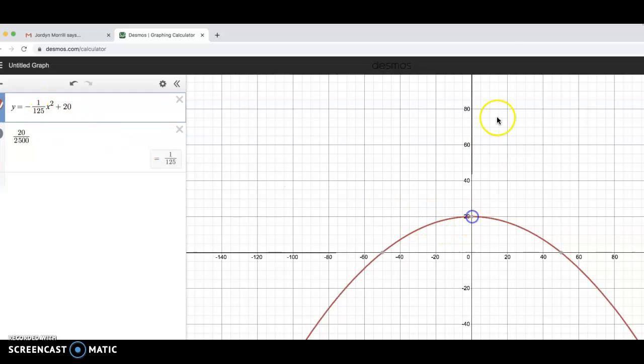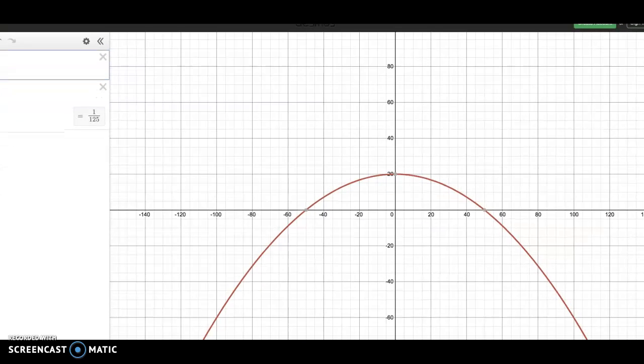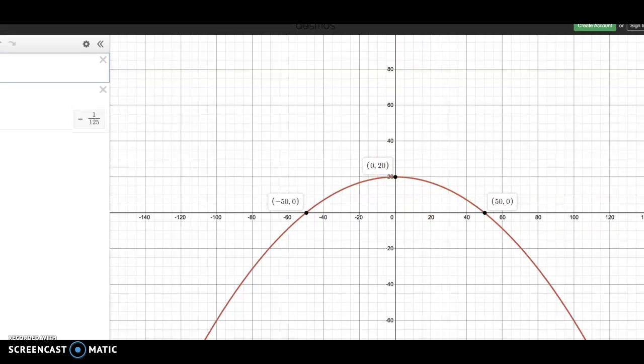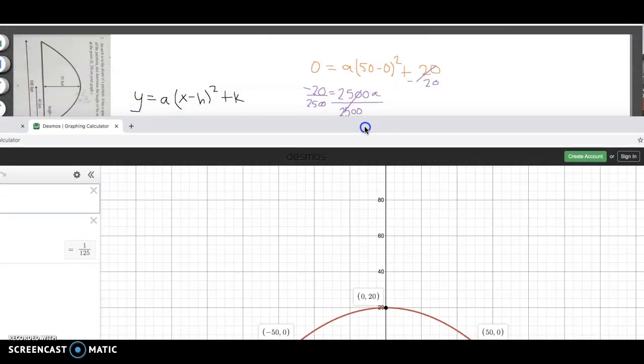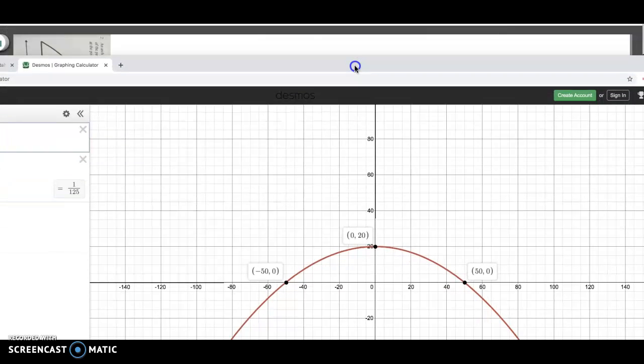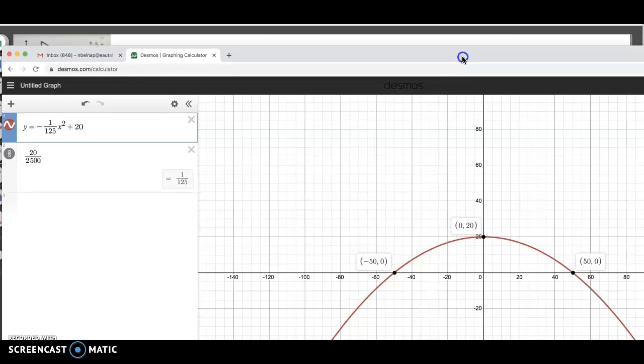And we can see right here, the height is 20 and the span, which was 100, is right here. So for our parabola, this makes sense, because it meets the criteria.